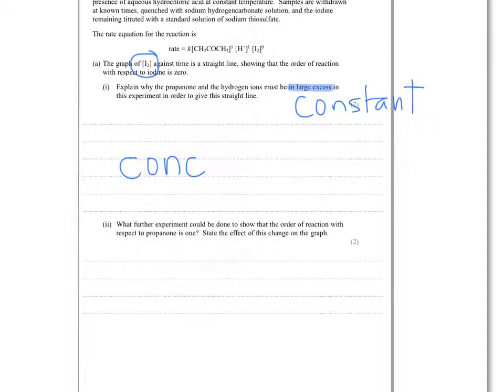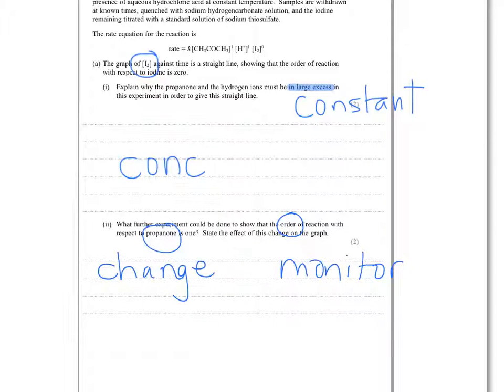If we now wanted to work out the order with respect to propanone, we would have to change the propanone, and we would also have to monitor the effect that changing the propanone concentration would have on the rate.